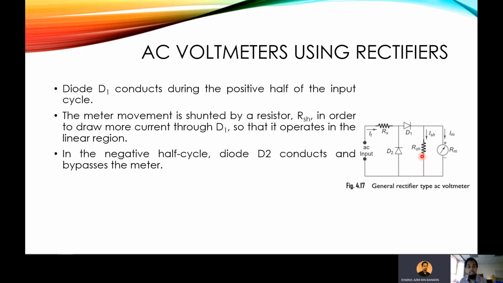Then we have a shunt resistance parallel to the meter in order to control the amount of current passing through the meter. And then we also have a second diode, diode D2. Diode D2 is used to conduct during the negative half cycle.